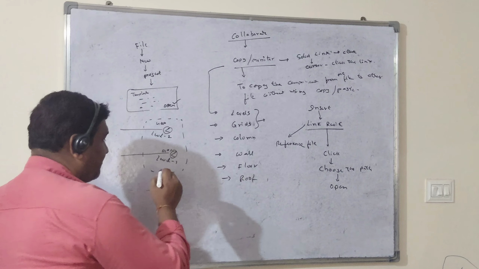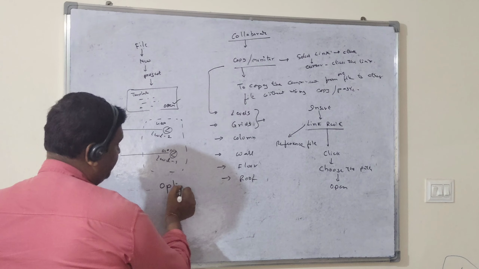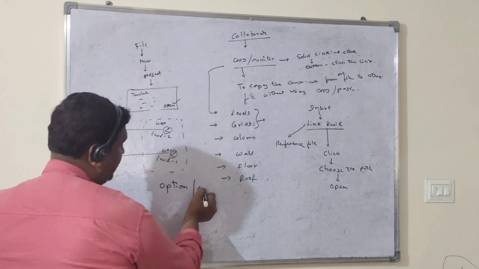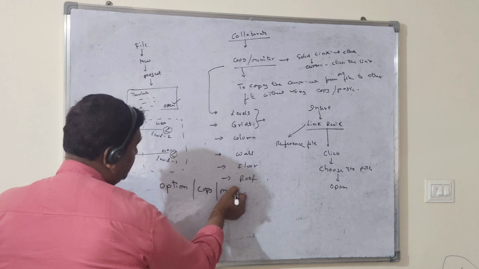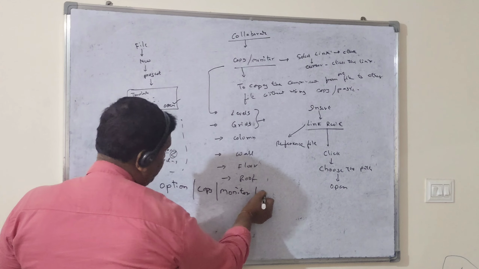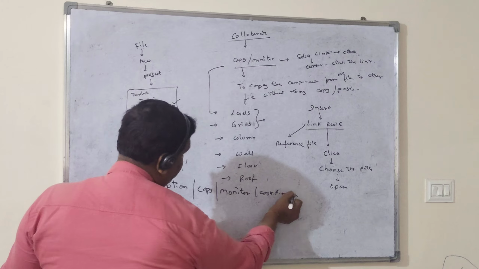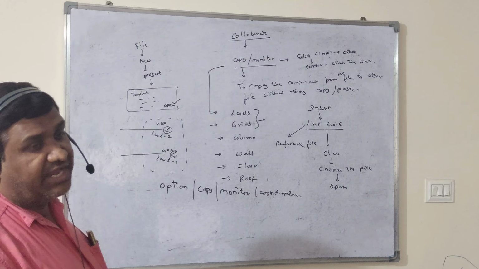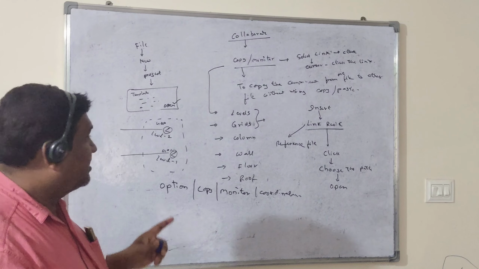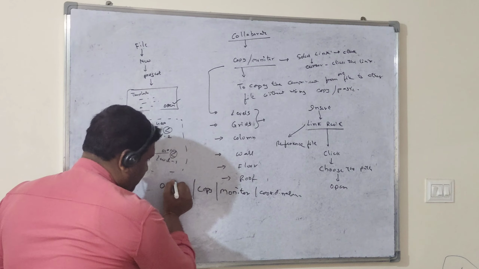And in the toolbar you will find some options: there is a copy, beside there is a monitor, and beside there is a coordination. Like that, some menus you are able to find after clicking the Revit file model, that is the link file. So first option you have to click.